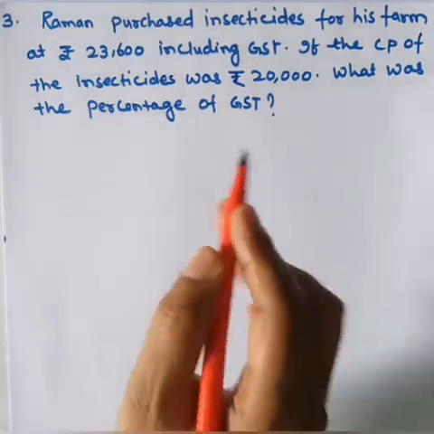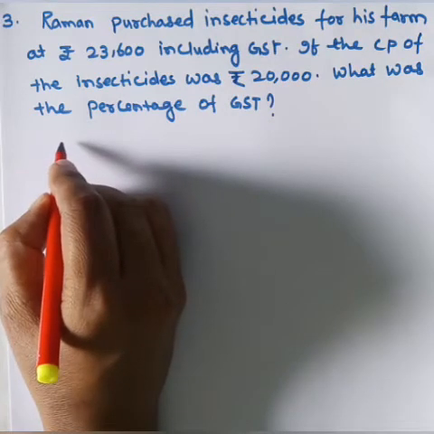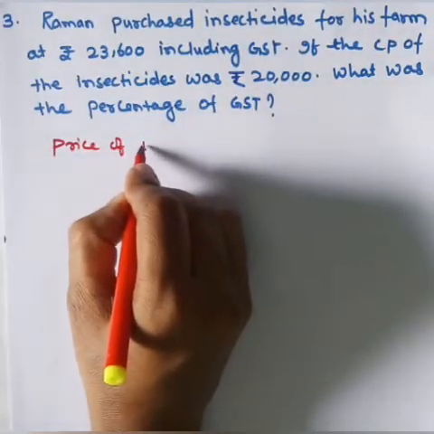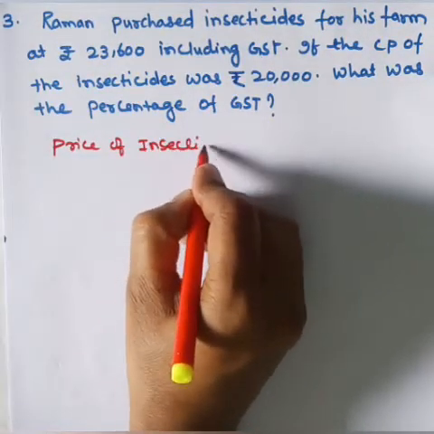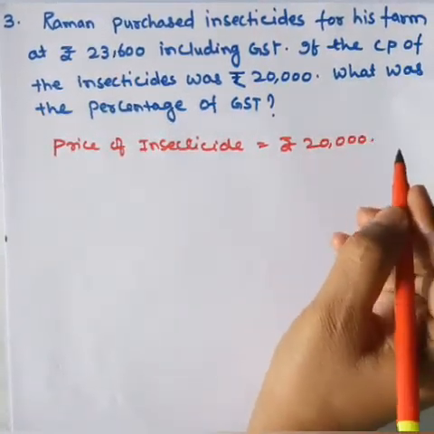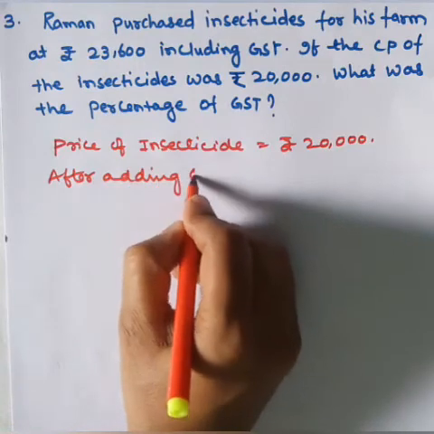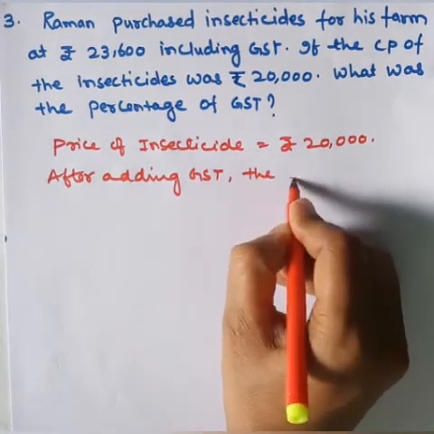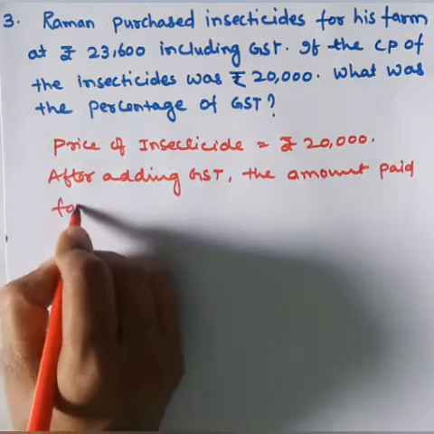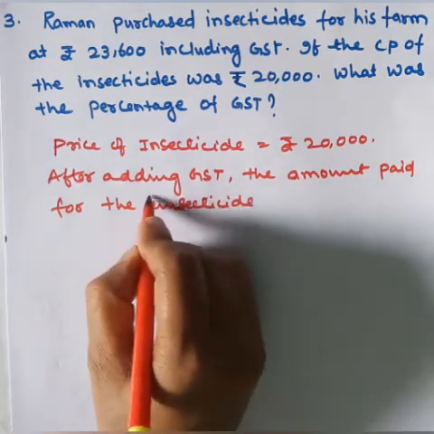Now let us see how this can be solved. See, what was the price of insecticide? Now see, the price of insecticide was actually rupees 20,000. After adding GST, the amount paid for the insecticide is how much?